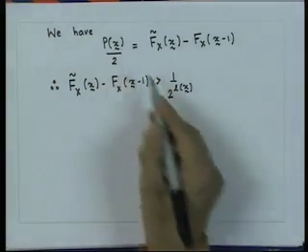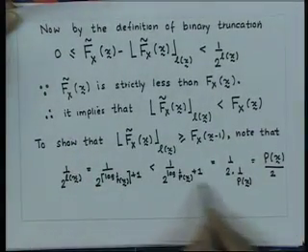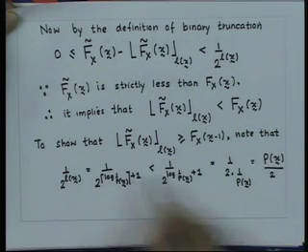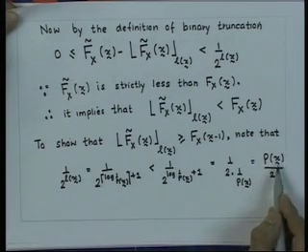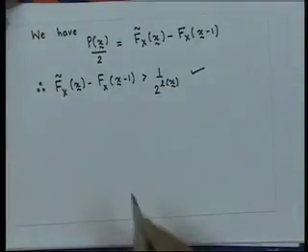So, from this relationship and this relationship which we have derived, 1 by 2^L(x) is less than P(x)/2, we get this relationship.